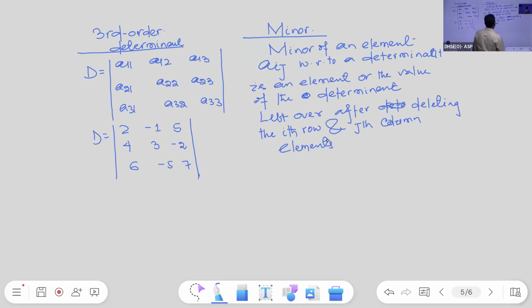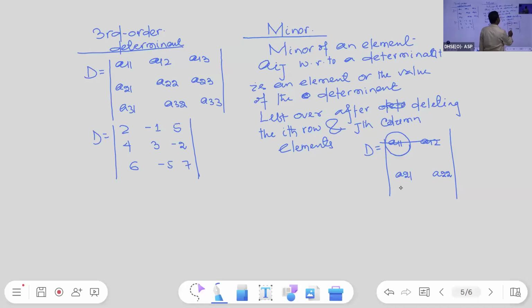For example, let us take a second order determinant D equal to A11, A12, A21, A22. If we want to find the minor of A11, A11 is present at the intersection of first row and first column. To find the minor of A11, we have to delete the elements present in first row and first column.